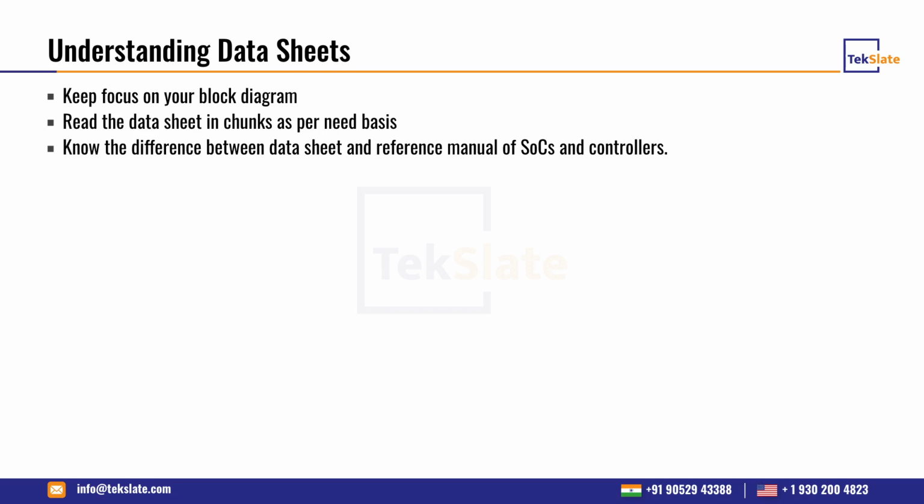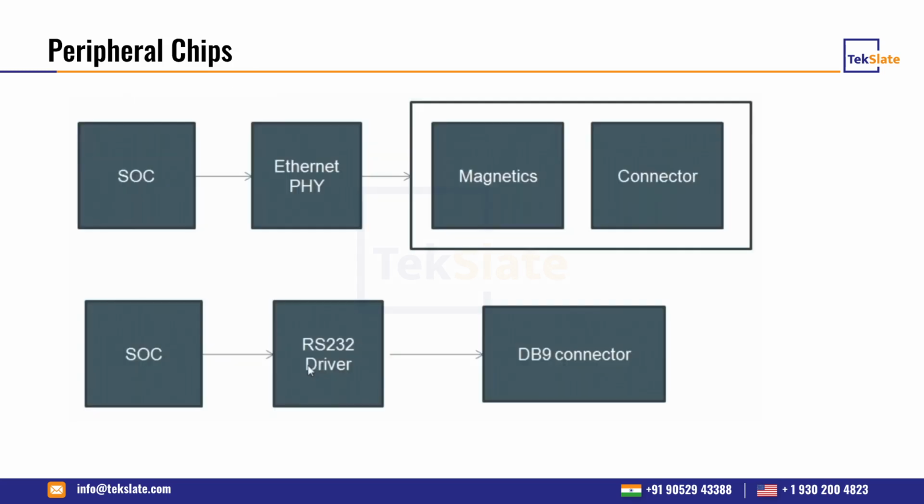Not only the data sheets of the microcontroller, but also the data sheets of the peripheral chips. Typically, a peripheral chip is interfaced. This is an SoC, and this is the Ethernet connector, including the magnetics. There is a peripheral chip called the Ethernet PHY that connects the connector to the SoC, and it has an interface here.